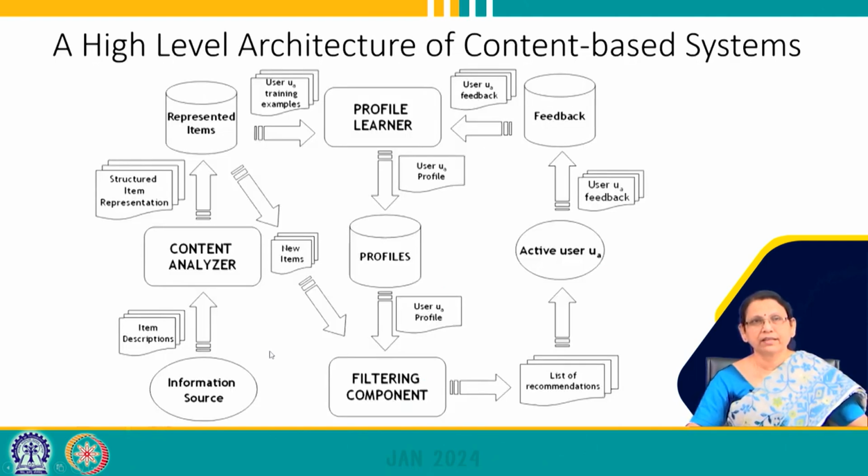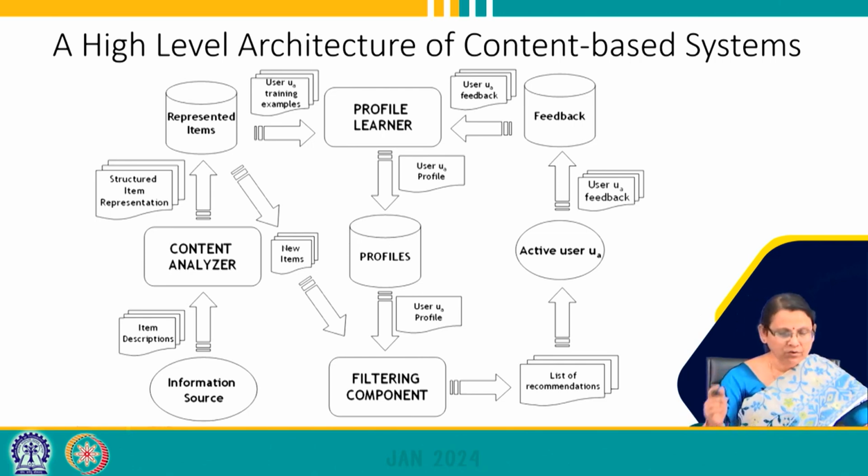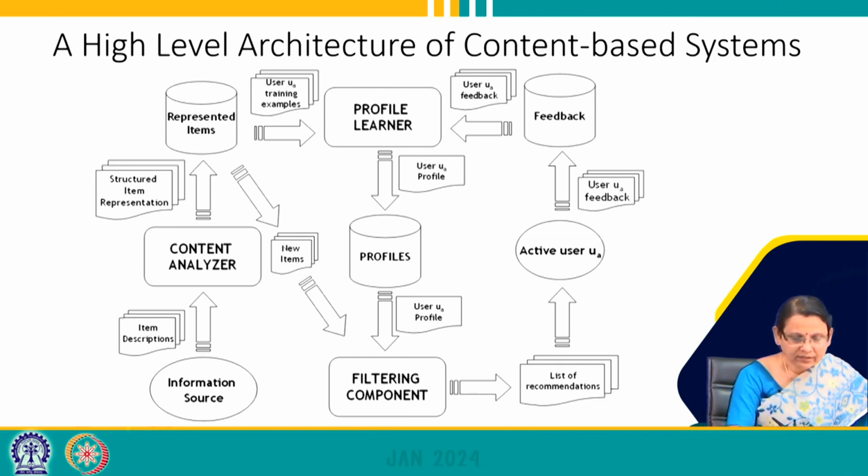So, this is a typical setting in which the content based recommendation systems work. When we move ahead to actually talking in detail about content based recommender systems, we will be looking more in depth into this particular diagram, but right now for your understanding I would like to briefly introduce it.